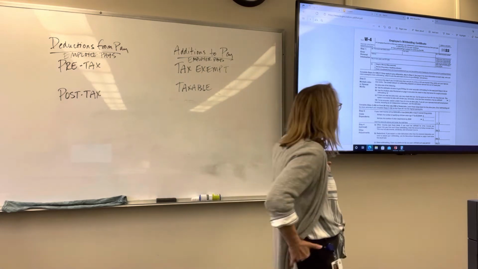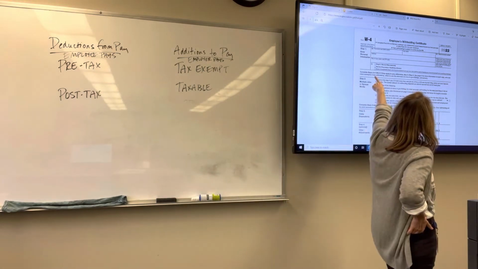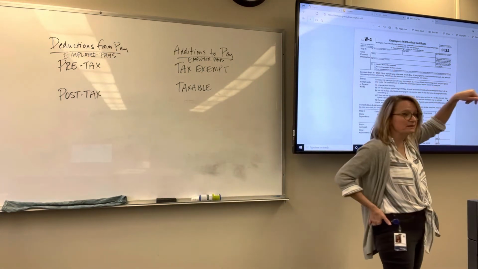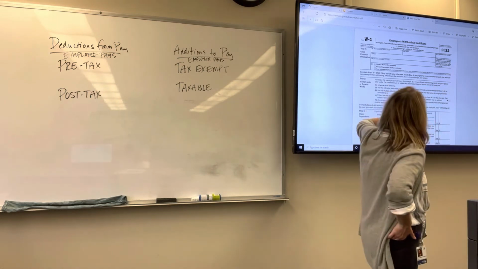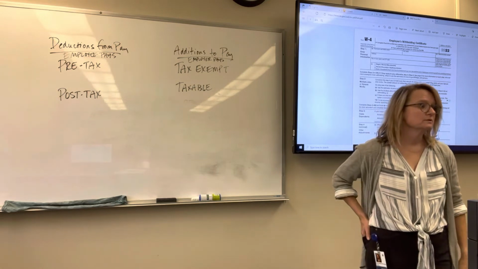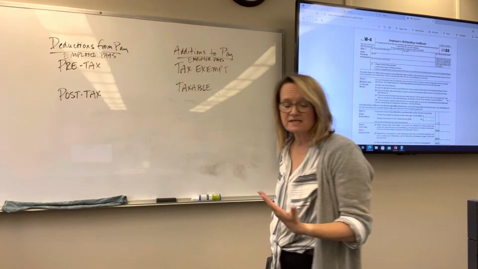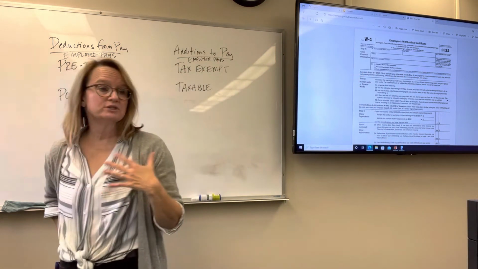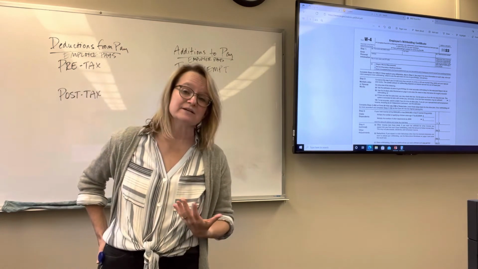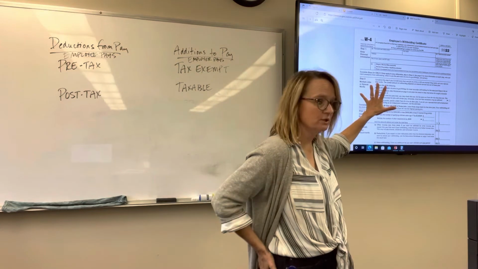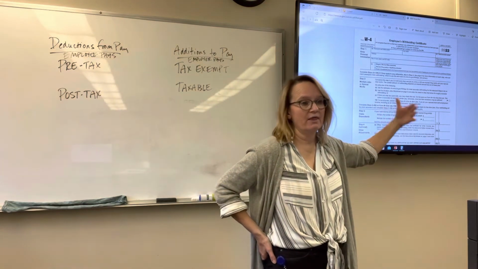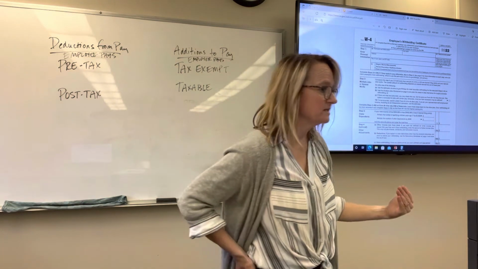We have 5 different filing statuses: single, married filing separately, married filing jointly, qualifying widow or widower, and head of household. You don't really choose what your status is; the definitions of each of those filing statuses will determine what your filing status is.